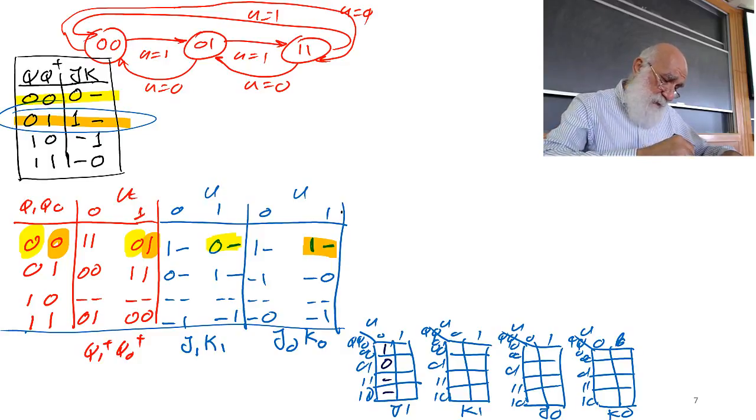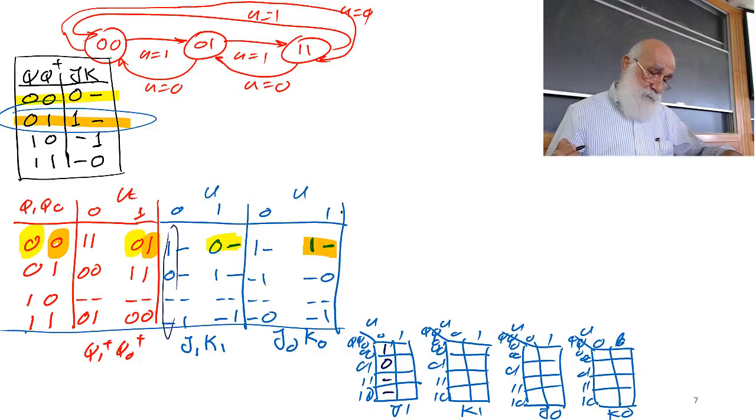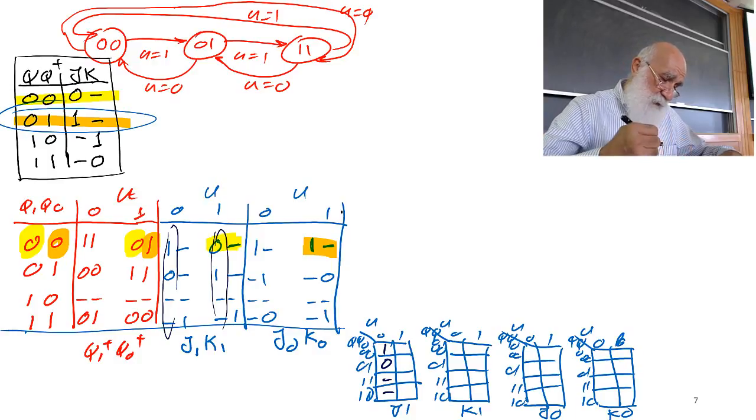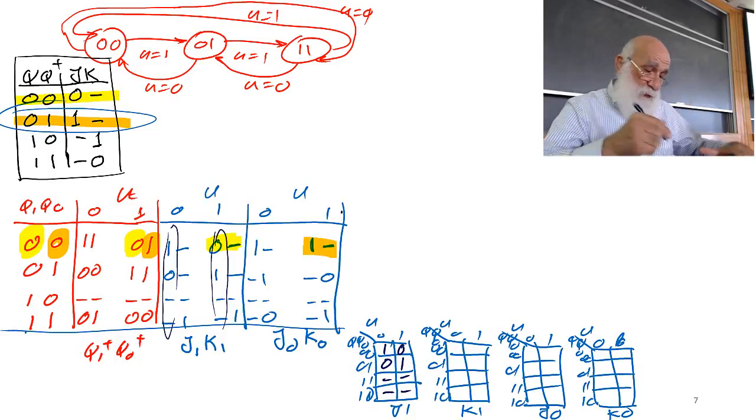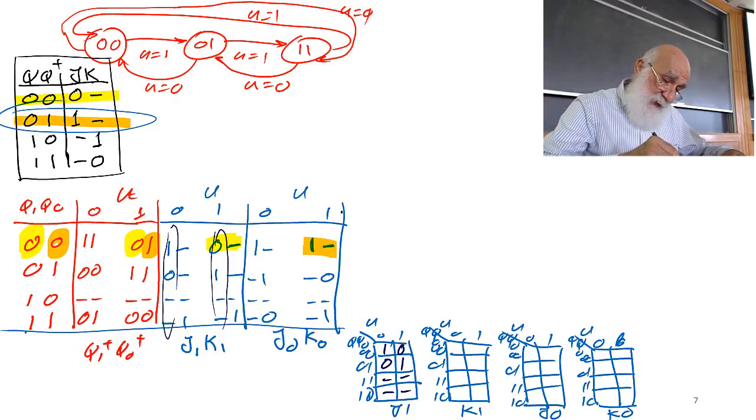Okay, I'm taking this column. The next column of J1 is this one, which is 0 1 dash dash, 0 1 dash dash. Then it's K1, which is the column to its right, dash dash dash 1, dash dash dash 1.